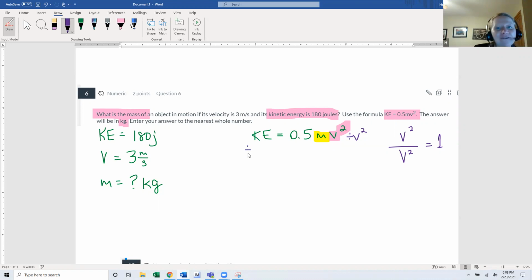That means I have to divide this side by v squared as well. So now I have KE over v squared equal to whatever's left over. The v squared and v squared have canceled each other out, and I just have 0.5 with the m left.